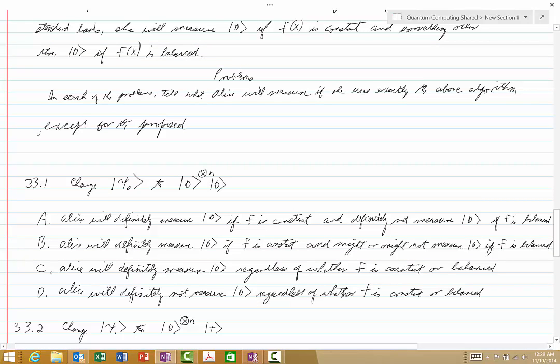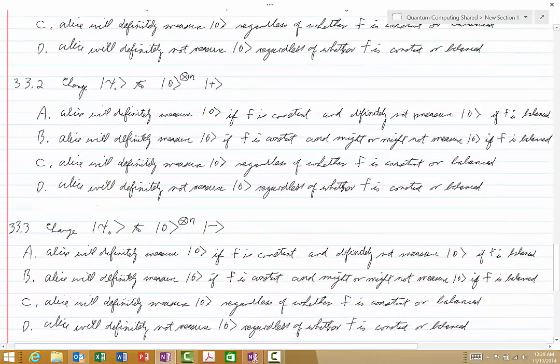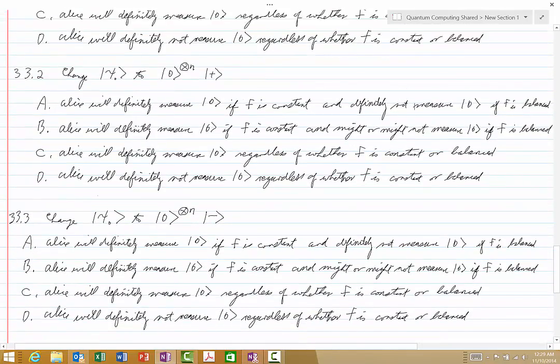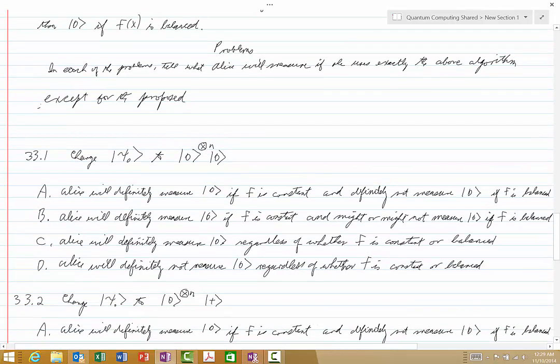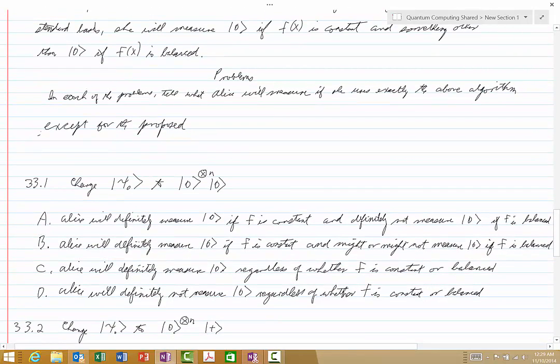So now let's look at some problems for the Deutsch-Jozsa algorithm. We have 3 problems going with the lecture, and then we'll have at least one in class. The 3 problems are all related, and in each one I'm going to propose that Alice and Bob adhere exactly to the Deutsch-Jozsa algorithm, except for one change.